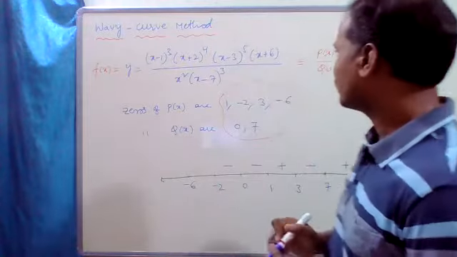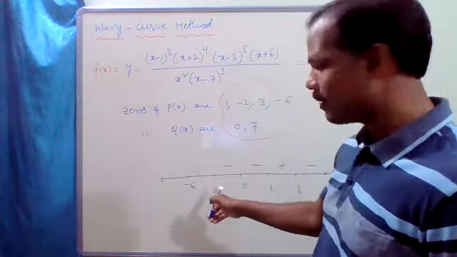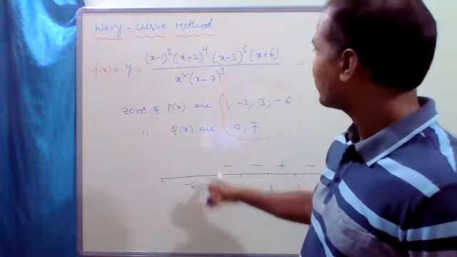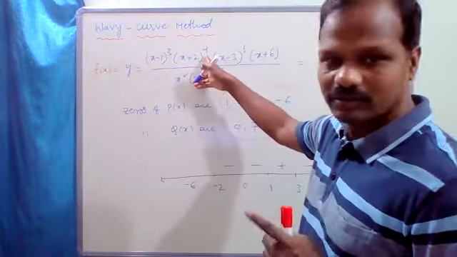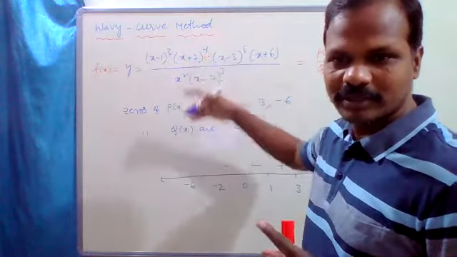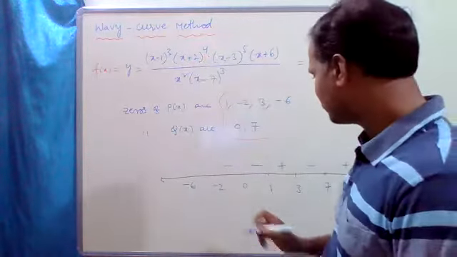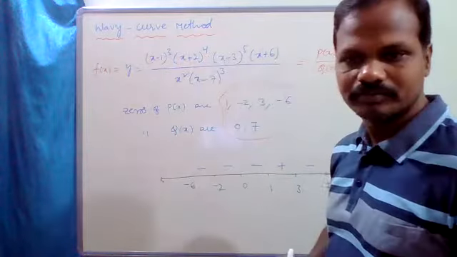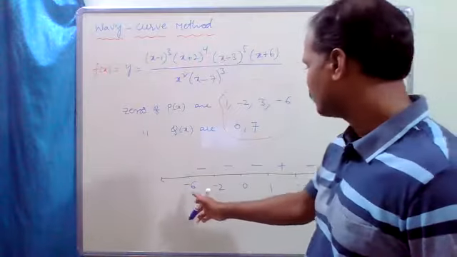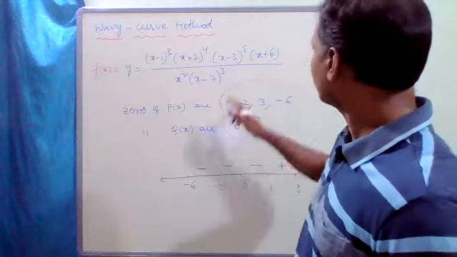Now coming to minus 2. This is a double root, so the same sign will follow. That means minus, again minus will come. And now at last minus 6. What about minus 6?